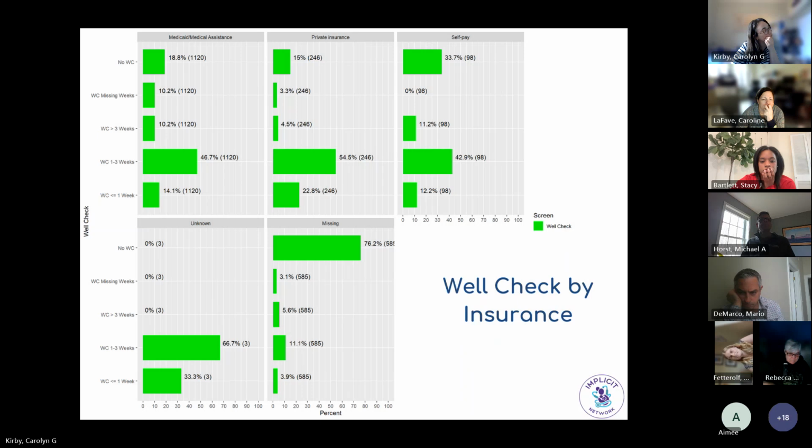Next slide. So this is looking at the early postpartum visit by insurance. Our first section is medical assistance, and then private insurance, self-pay, unknown, and missing. Out of the three at the top, our self-pay has a larger percentage of not having any postpartum visit.